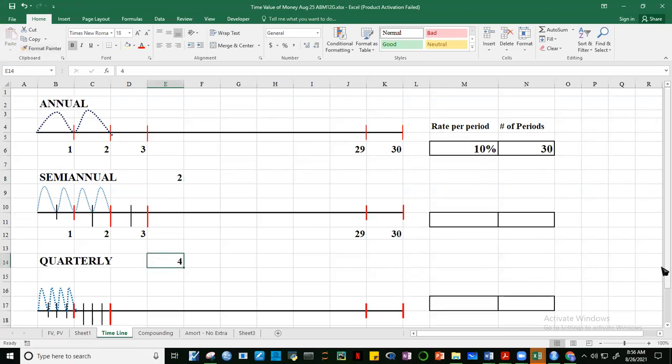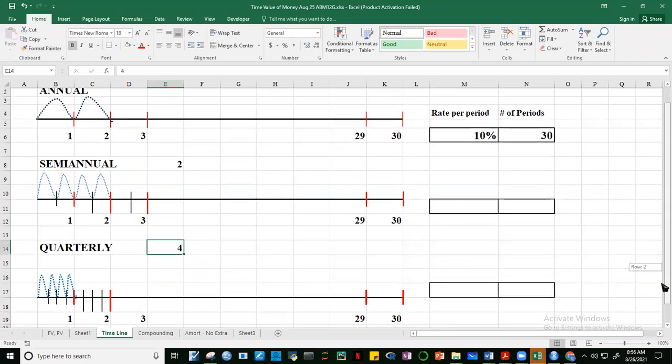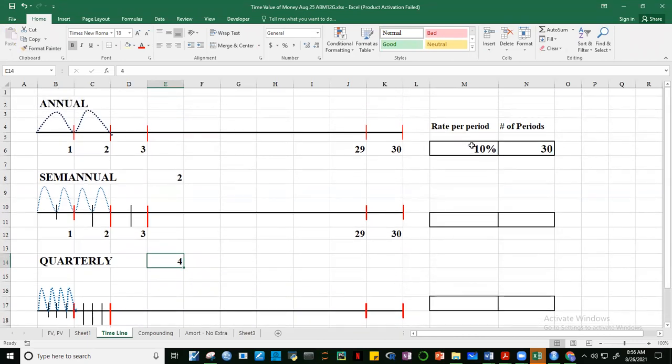Okay. So we can already finish this kasi ito lang naman yung sinabi ko kanina, no? So pag ang rate per period 10%, annual kasi siya, ang number of periods natin 30. Ito ang rate per period natin will be 10% divided by this one.